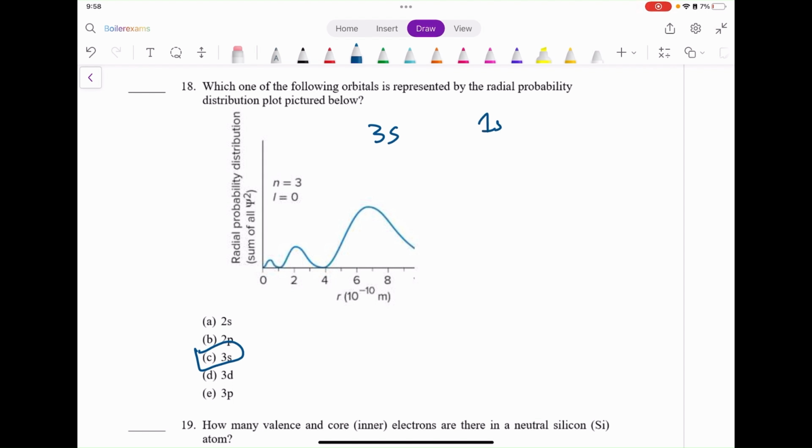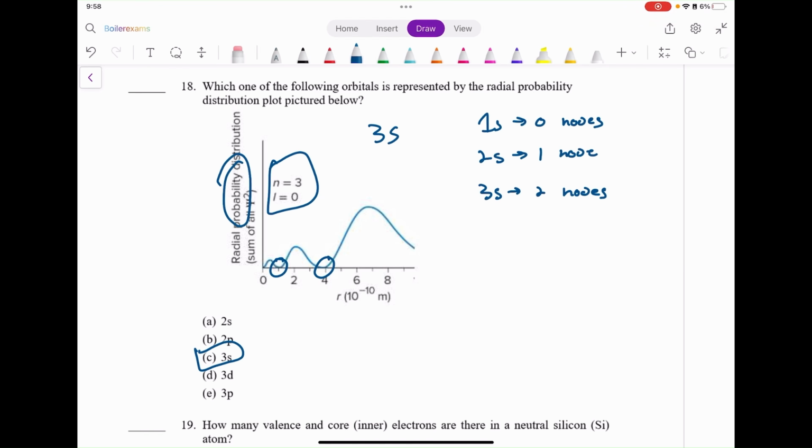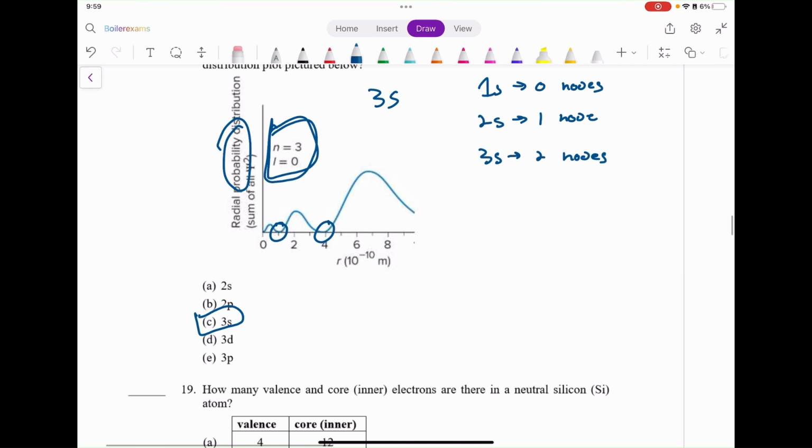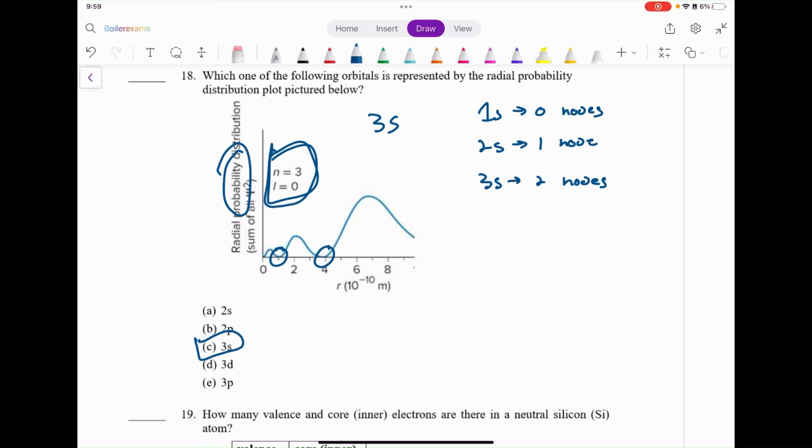So 1s has 0 nodes, 2s has 1 node, and then 3s has 2 nodes, etc. And these nodes are just areas of no electron density, or no probability. It's where electrons don't exist. So when I see 2 nodes, that tips me off to the 3rd energy level, in case they didn't give you this. If they give you this, I don't see why you need the graph to solve this. But anyways, 18C.